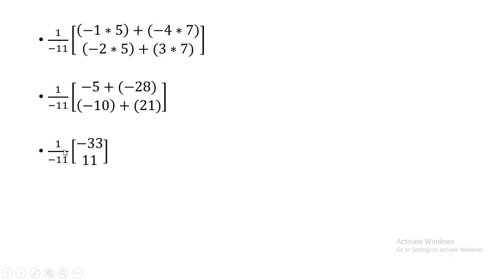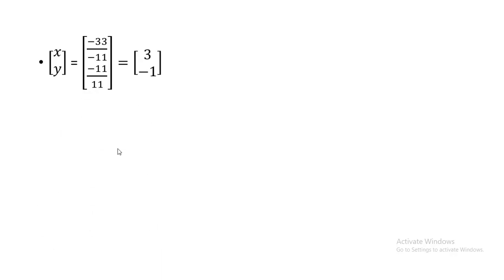It's just like scalar multiplication, where you just multiply the number inside, right? Since the number out here is 1 by -11, you just multiply -33 by 1 upon -11. So this is what you get in return. Okay, here you go. When you simplify this, you get 3 and -1.